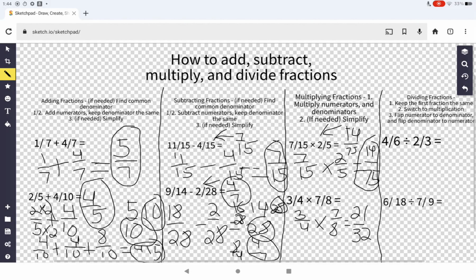Now can we simplify 21 over 32? No, we cannot. So 21/32 is our answer.